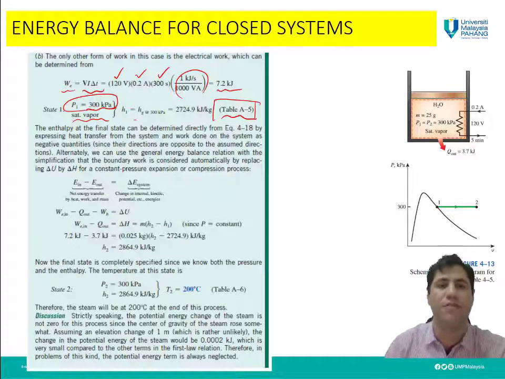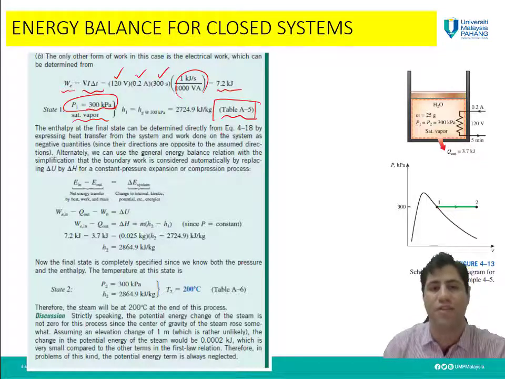So let's first find H2. Before we use that equation, up to here we have assumed a direction for the W and Q. Let's see what those assumptions are and how we can use them to find H2.